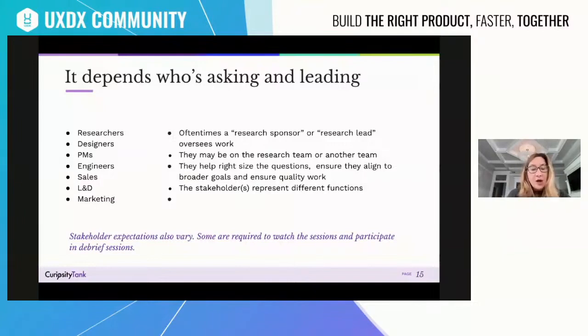But the stakeholders themselves can represent different functions in the organization as well. I know some programs require stakeholders to contribute at a certain level. Some of them may be required to watch all of the sessions live or participate in debrief sessions.